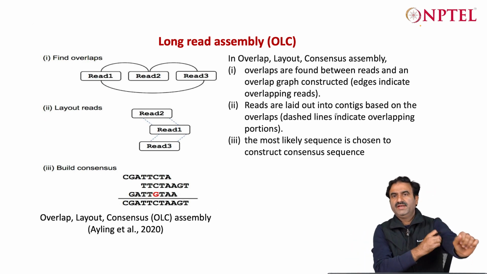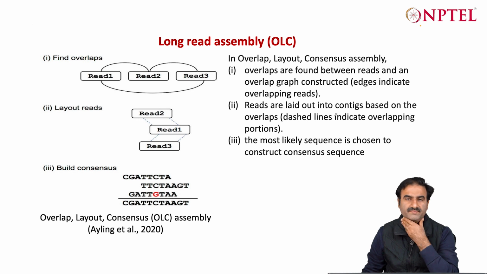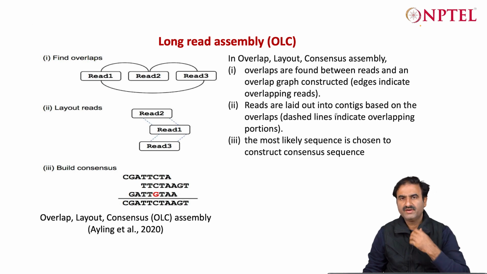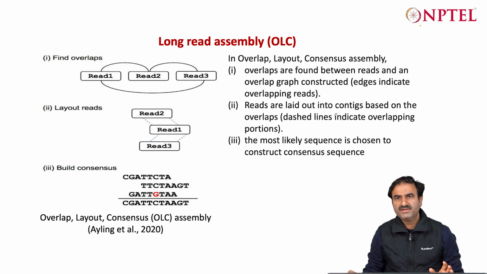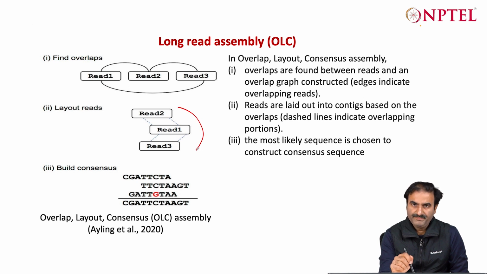Then the next one is the long read assembly method, and for that the overlap, layout, and consensus, OLC, is the name of the algorithm. It is not dealing with a K-mer like approach. Because the reads are already long, it will try to find the overlap between the reads and organize the reads according to the overlap, right?